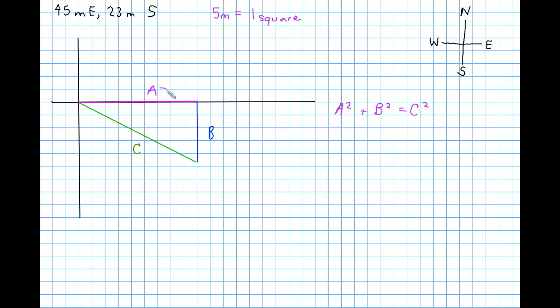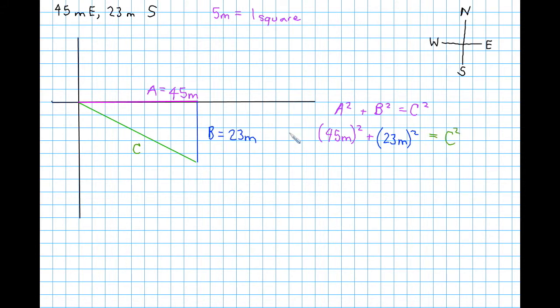My A is equal to 45 meters. So I'll have 45 meters squared plus 23 meters squared for my B is equal to C squared.